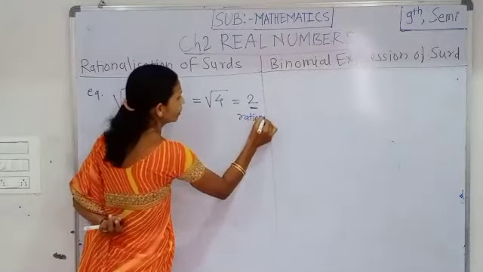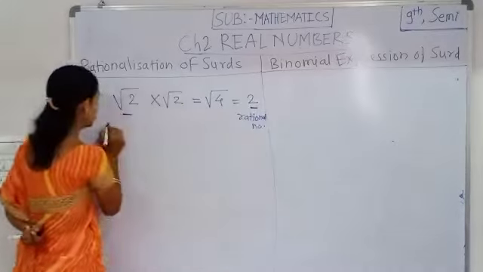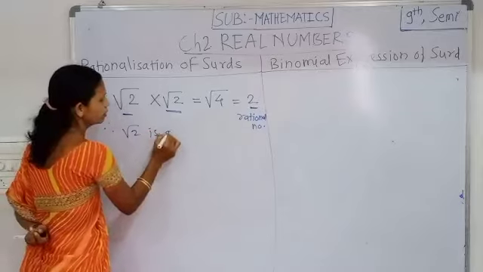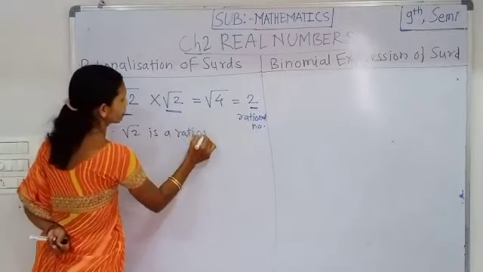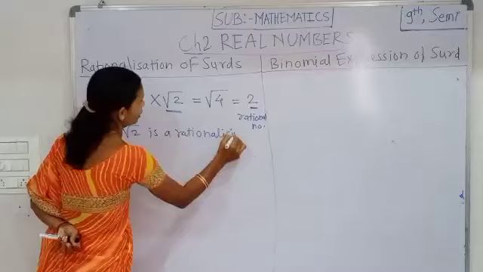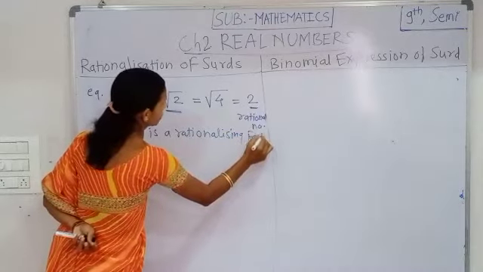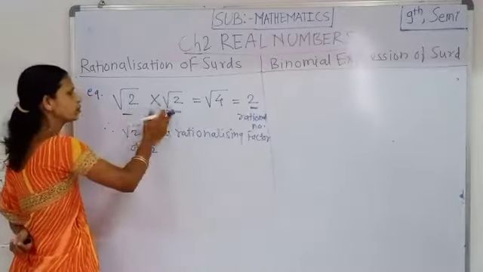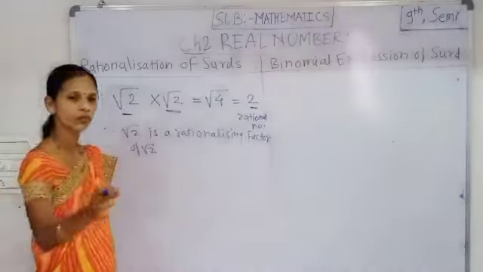Therefore root 2 is a rationalizing factor of root 2. Those are rationalizing factors of each other.